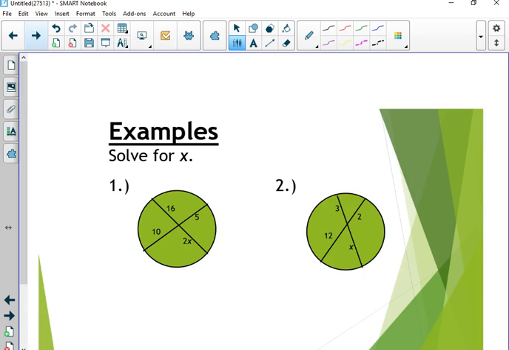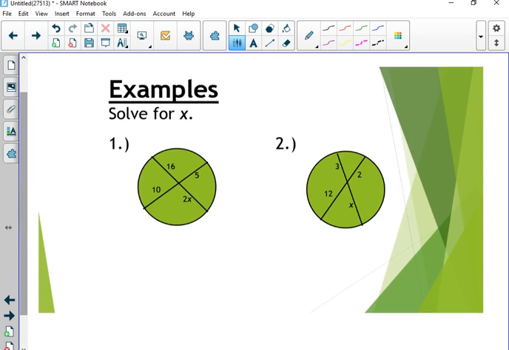So let's apply that. And if it helps, you can do this. So 10 times 5 equals 2x times 16. So that's 50 equals 32x.